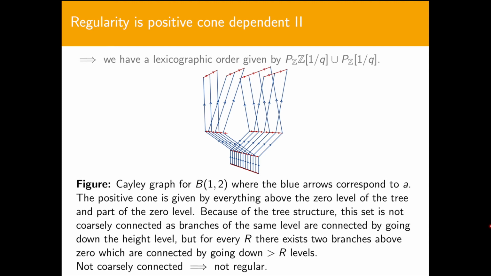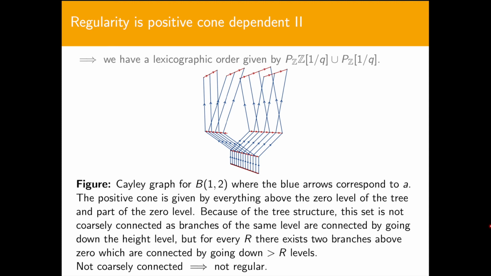Because of this lexicographic order, a positive cone is given by picking everything above the zero level of the tree, or everything below the zero level, because the levels of the tree, or the blue arrows, give us our Z. Now, because of the tree structure, this set is not coarsely connected, because if you look at branches of the same level, in order to connect them, you'd have to go down some levels.